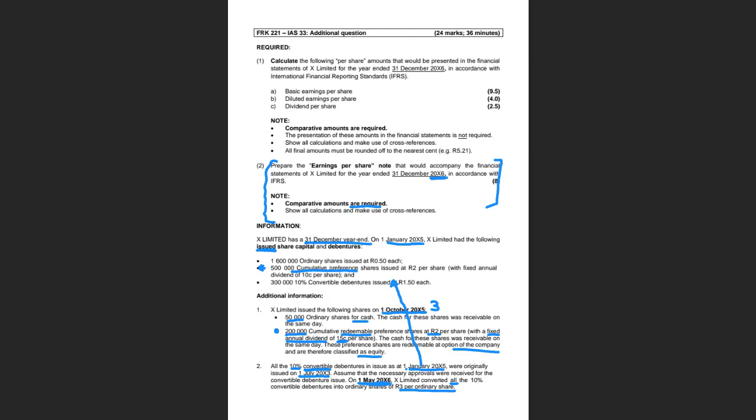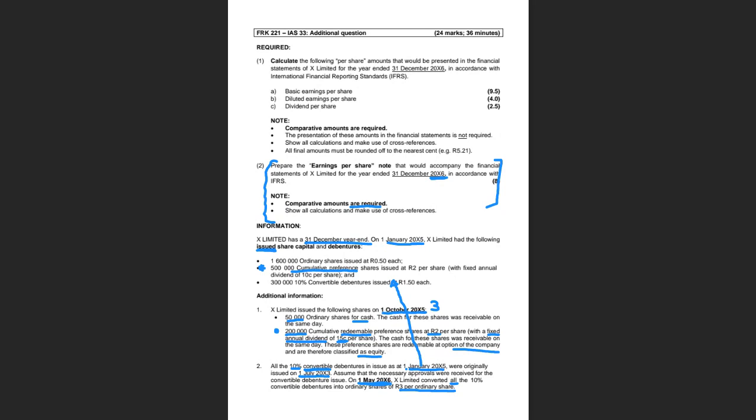We calculated a little bit earlier an amount of 450,000 for the liability of convertible debentures, and now they're telling us that it's 3 rand per ordinary share.